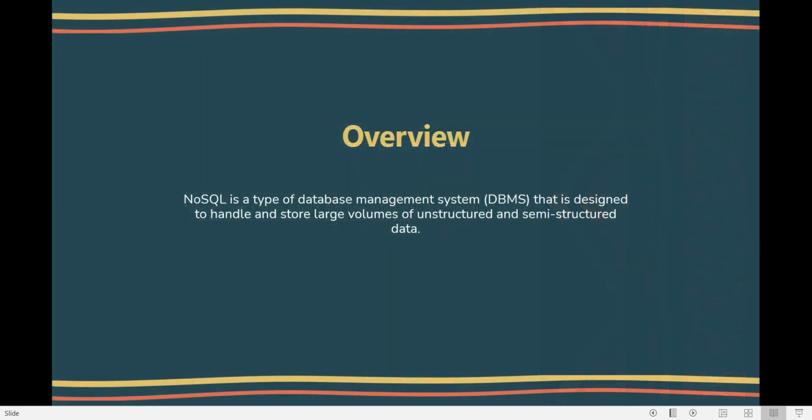Let's see the overview. NoSQL is a type of database management system that is designed to handle and store a large volume of unstructured as well as semi-structured data. So in NoSQL, we basically store a huge volume of unstructured and semi-structured data together.